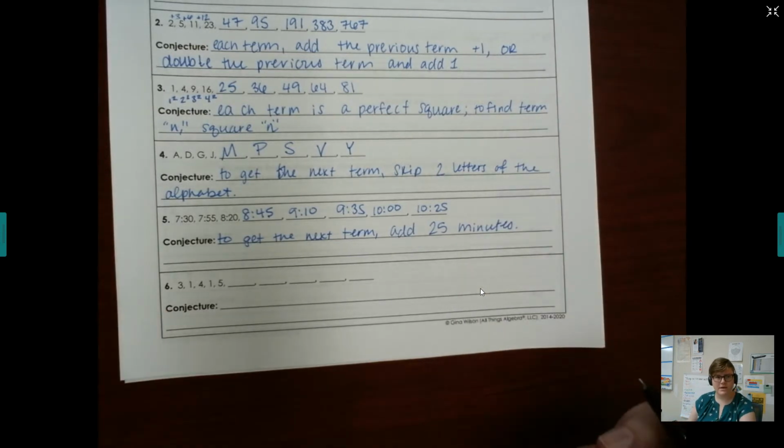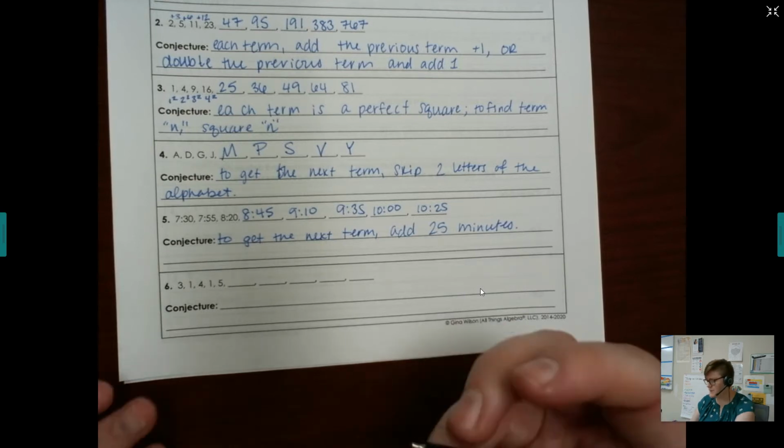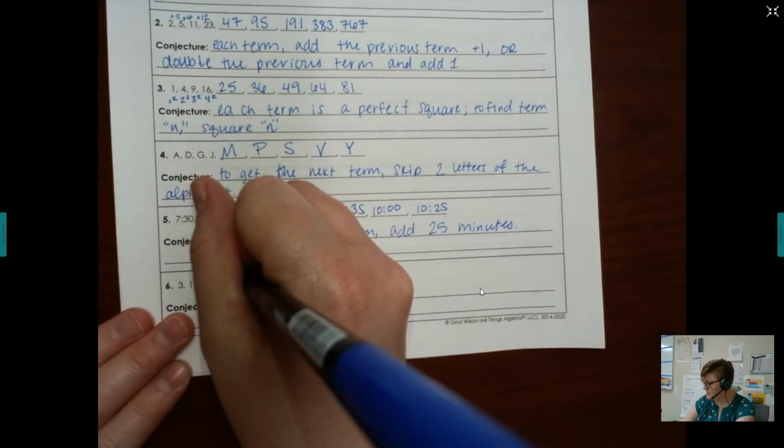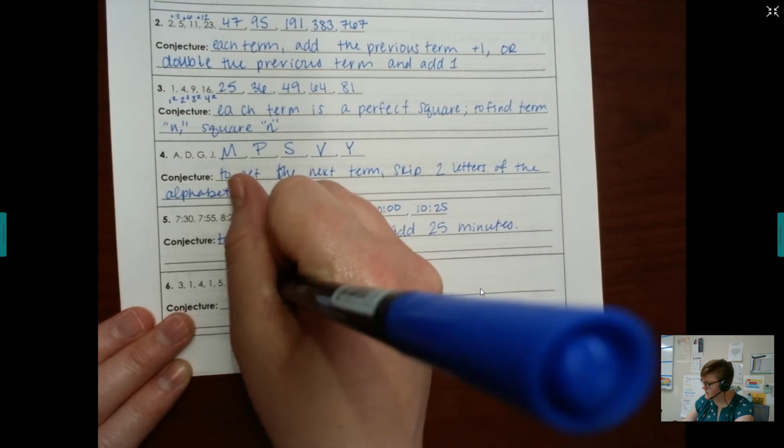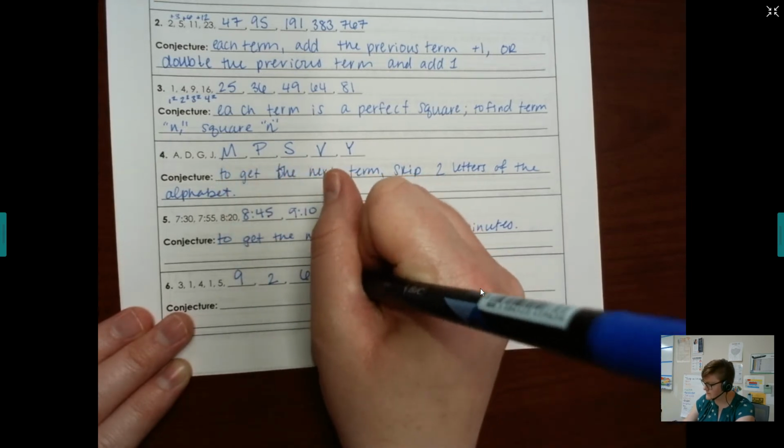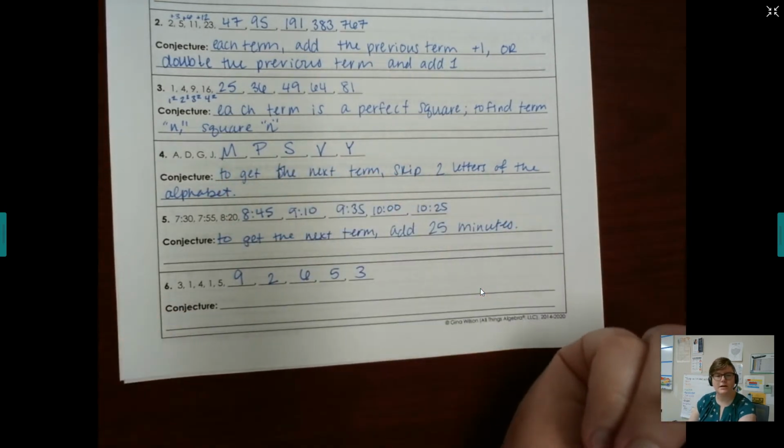Okay. Next, we've got 3, 1, 4, 1, 5. Maybe also not as obvious, but these are the digits of pi, which is sort of the big popular math number. So 3.141592653.